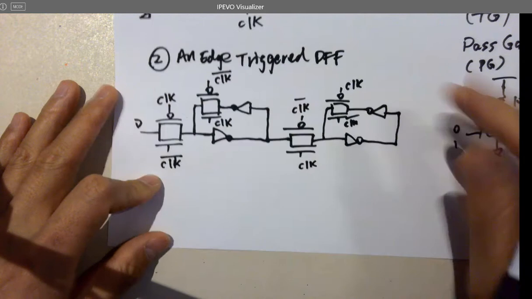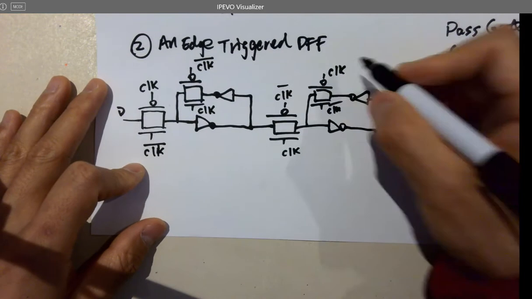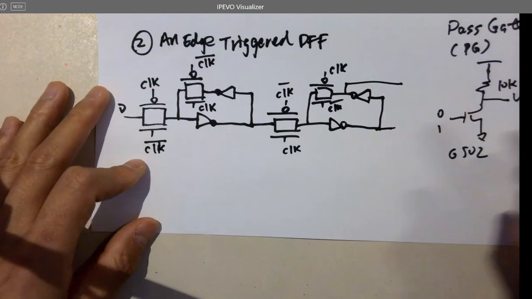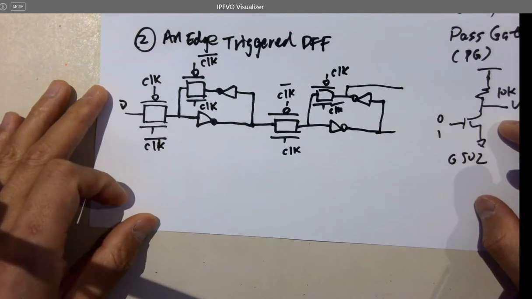So why is this D flip-flop edge trigger, not level trigger? So which one's Q, which is Q bar? Figure out that first.